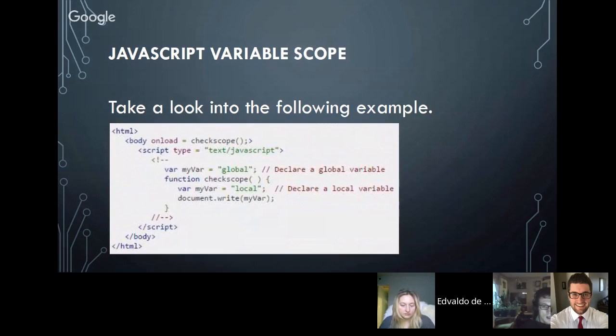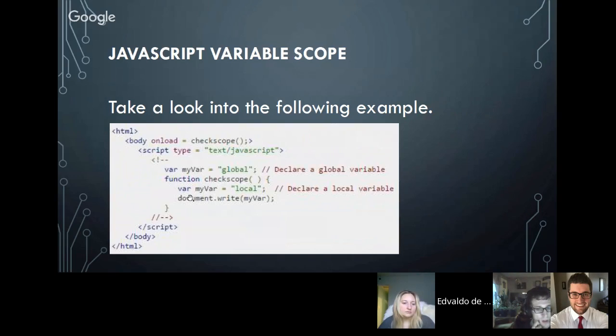This is an example of JavaScript in HTML code. For example, I create a variable: my var equals global, and here I declare a global variable. This is a function called check scope.